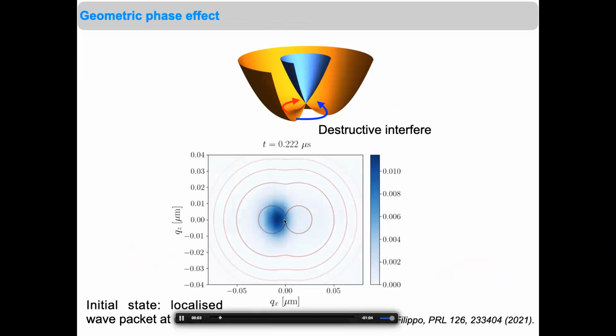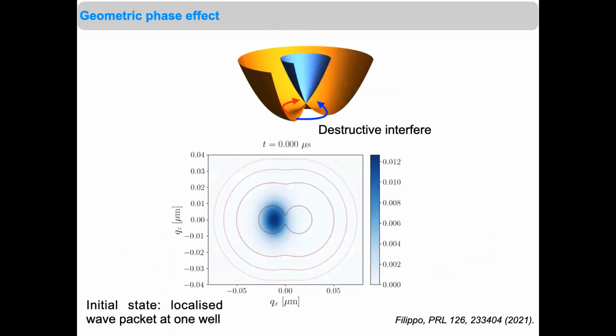If we put the wave packet around one of the minima, what we find is that due to the geometric effect, the two wave packets will have destructive interference at the other side of the trap. As a result, the tunneling from one minimum to the other is strongly suppressed.